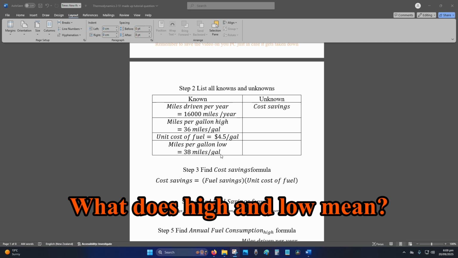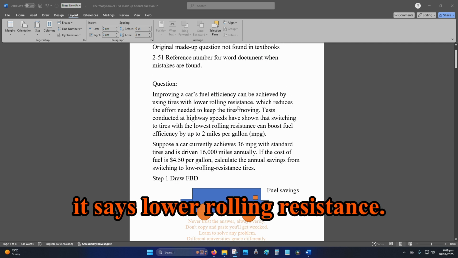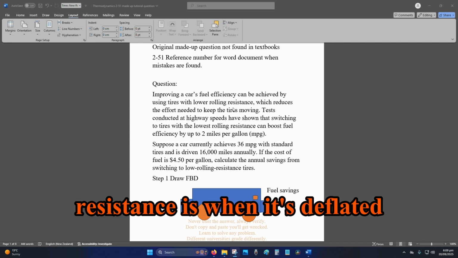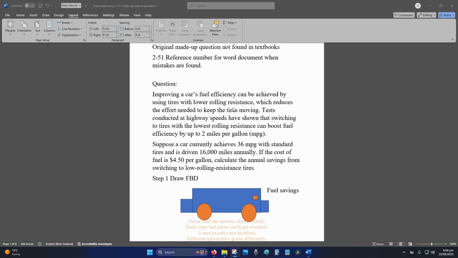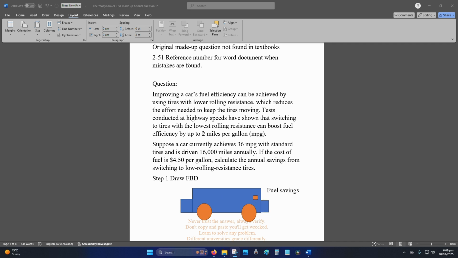What does high and low mean? Coming back to the question, it says lower rolling resistance. High rolling resistance is when it's deflated, and low rolling resistance is when it's inflated.